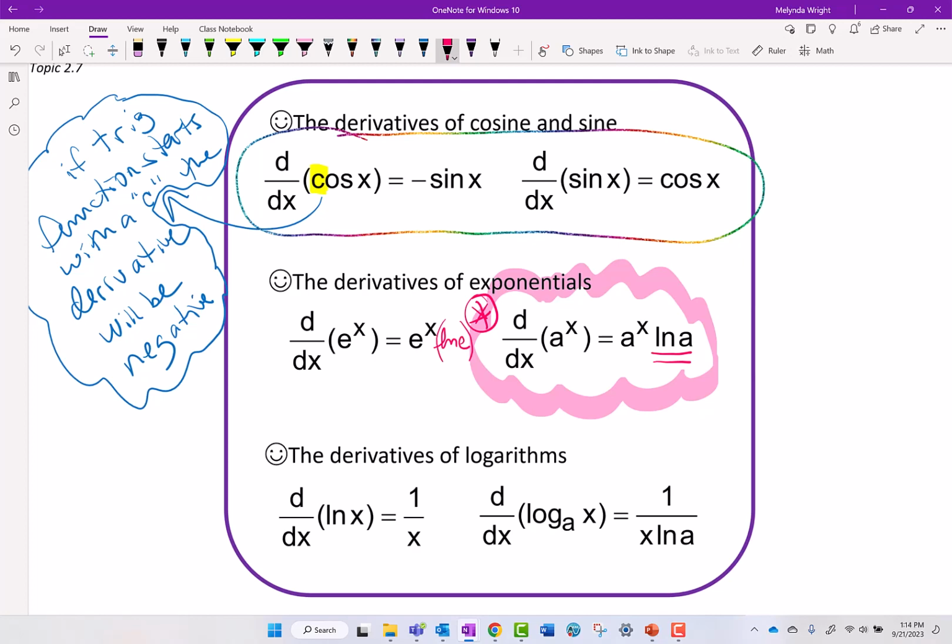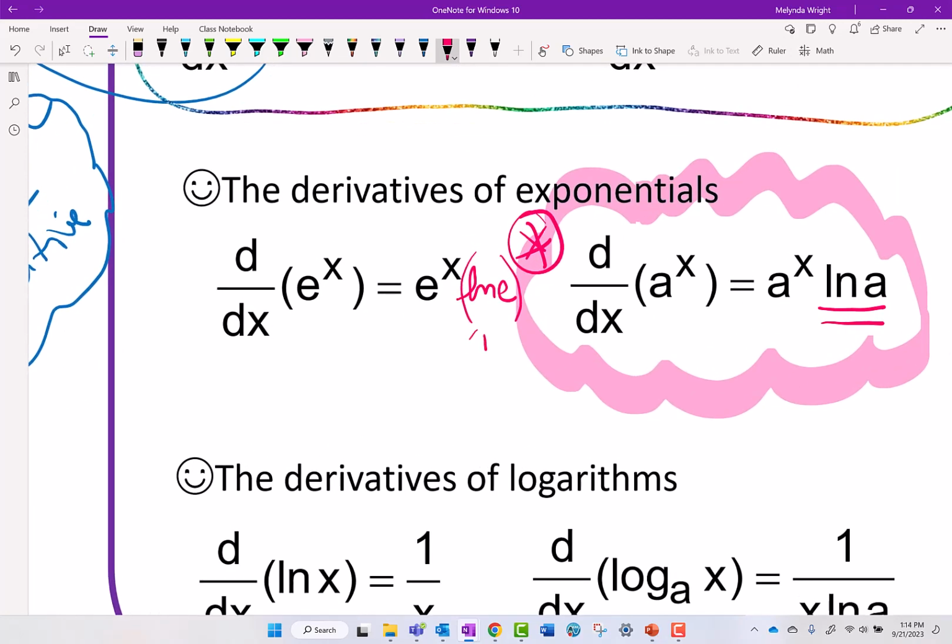And that's why we don't write that here, because that's 1. These are virtually the exact same formulas. It's just that we don't have to write ln e because it's 1. Okay, so we just don't write it.